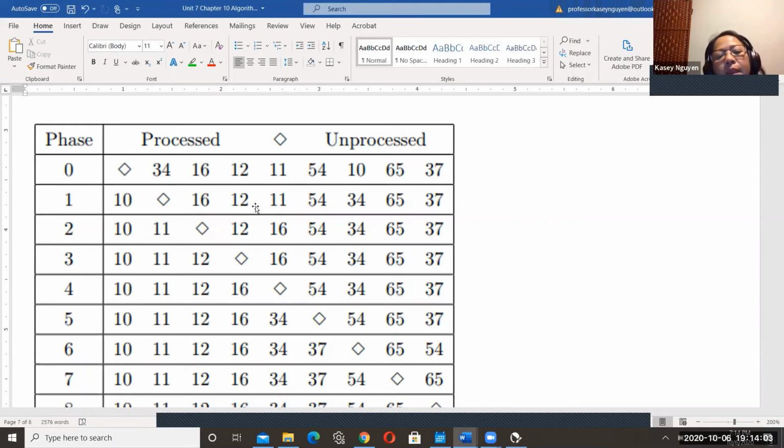So this is a selection sort in that it selects the smallest value, then the next smallest value, and the next smallest value, and swaps position. Okay, any question?